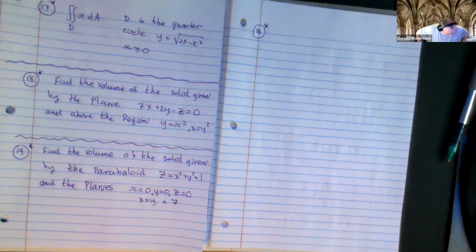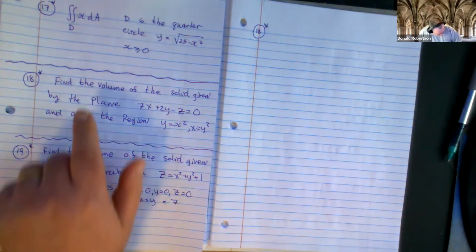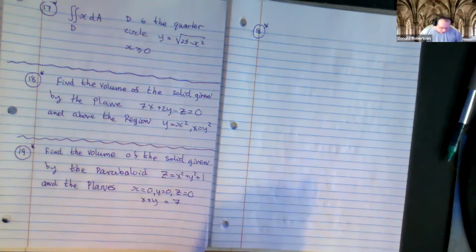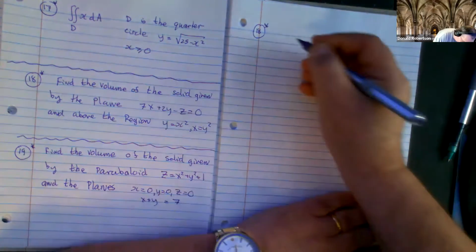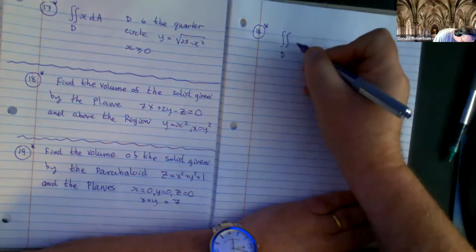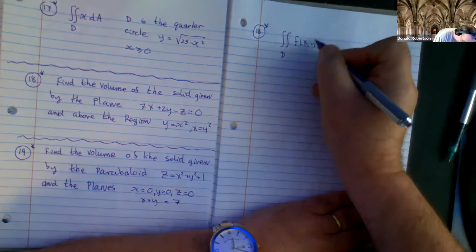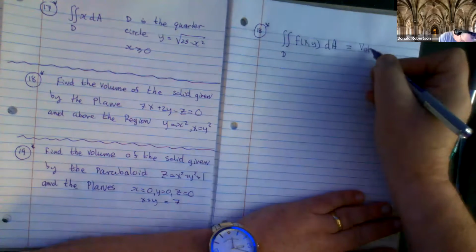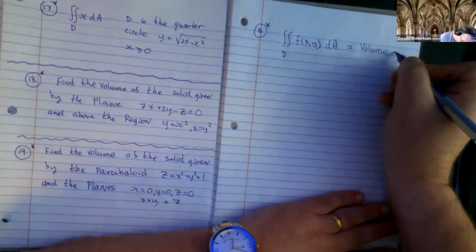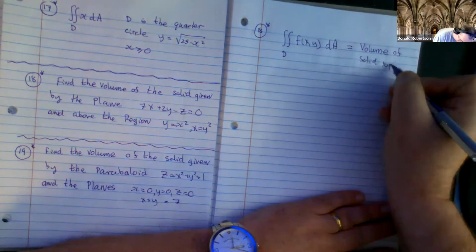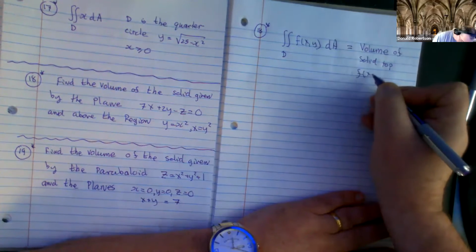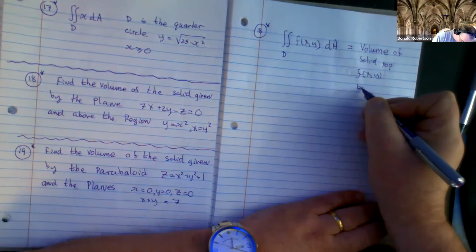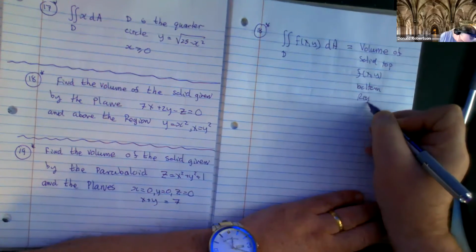On to 18 now. It says find the volume of a solid given by this plane and above that region. What we've not spoken about here, and I guess I'll do it right now, is that if you find that double integral, one way of interpreting it is that you're finding the volume of a solid, where the top is the value of the function xy, and the bottom of the shape is the region D, right?